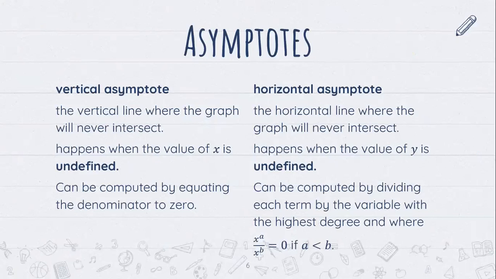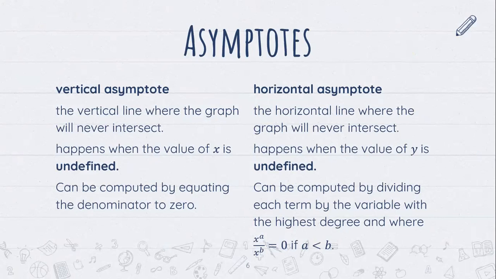So, meron tayong tatlong asymptote. Pero ituturo ko lang is yung dalawa. We have the vertical asymptote and the horizontal asymptote. Kasi ito yung most common. Meron po tayong tinatawag na oblique asymptote. Ito naman yung paslant part. Pero medyo mahirap kasi class yung oblique asymptote kasi ang oblique asymptote is equation.